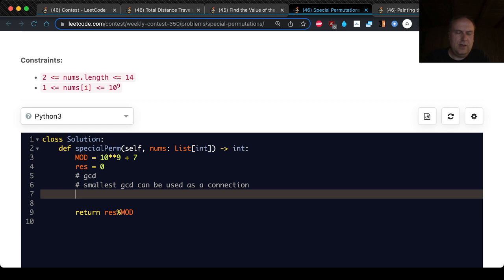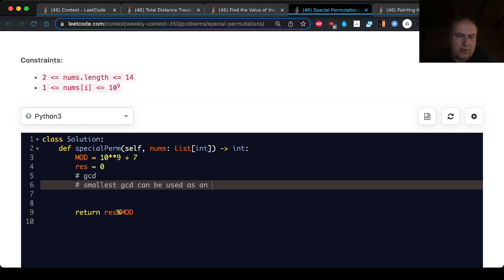So yeah, as an intersection between sets. Between sets. What else?